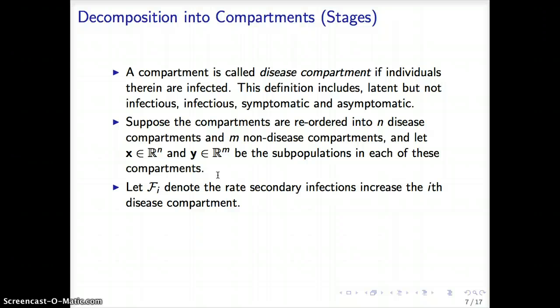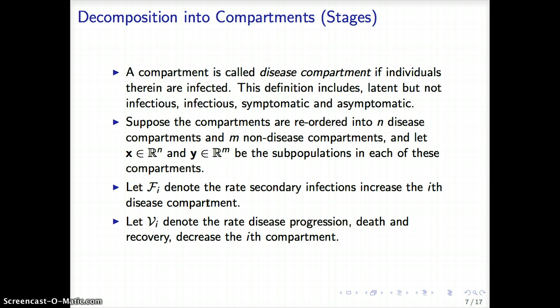So an operator here, F, is going to denote the rate of secondary infections, so that this is keeping track of an increase on the ith disease compartment. And V, okay, so we are heading here towards something that makes a complete analogy with the birth and death process we just discussed.